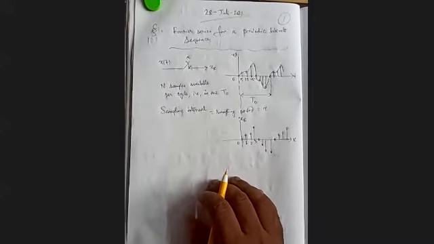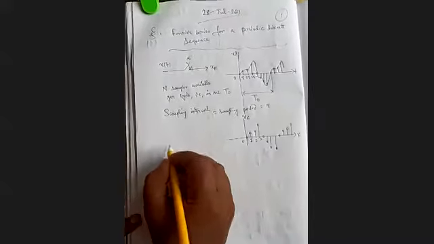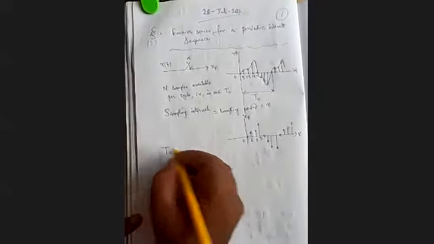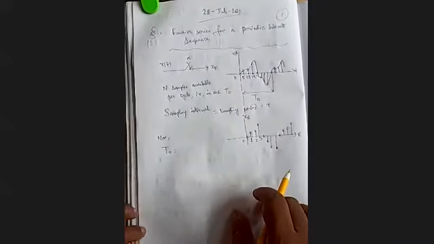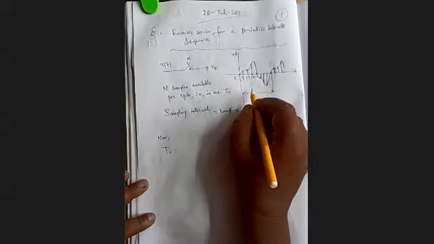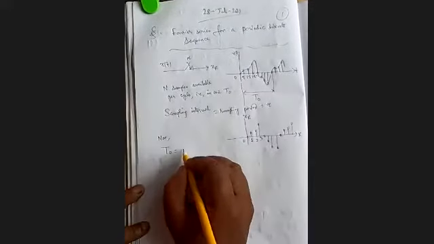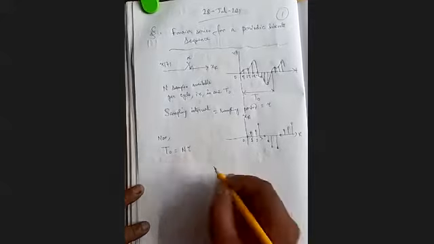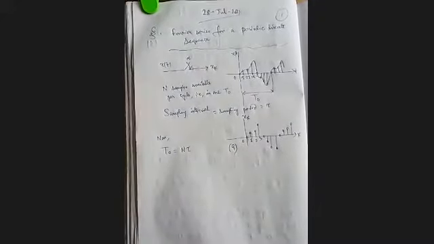Now, what is our t0? There are n samples available per cycle, and for one sample we need tau amount of time. So t0 must be equal to n tau. It's our relation 9.